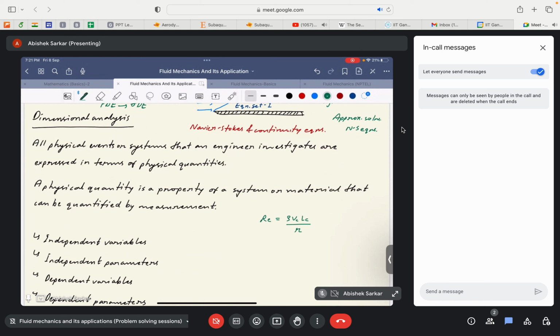Given that we are dealing with flow with constant flow properties, we deal with these two terms. The fundamental definition of Reynolds number comes with these two inherent terms, Vc and Lc, where Vc is characteristic velocity, and Lc is characteristic length scale.